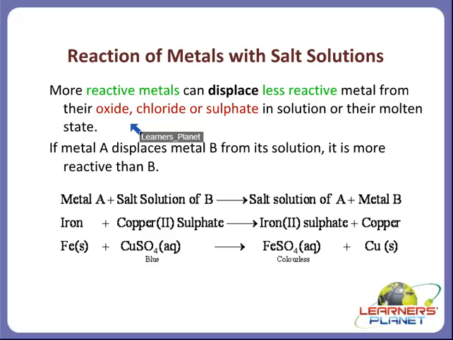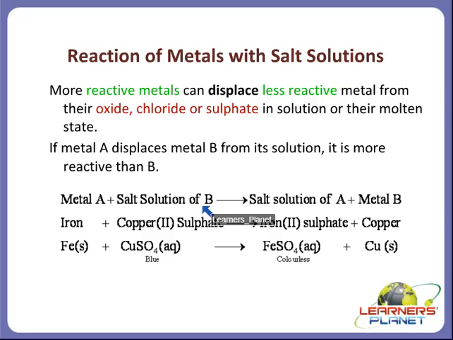It means that if you are taking an oxide, chloride or sulfate and treating it with a more reactive metal, it is going to displace it. For example, if metal A displaces metal B from its solution, it is more reactive than B. Metal A plus salt solution of B.